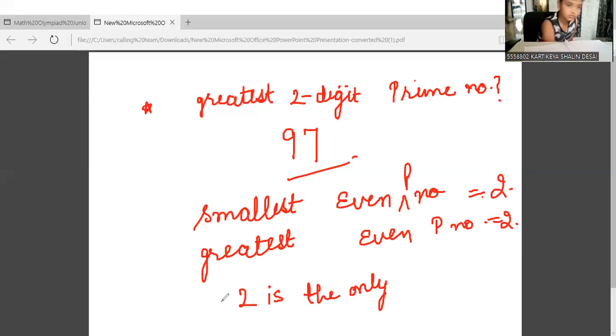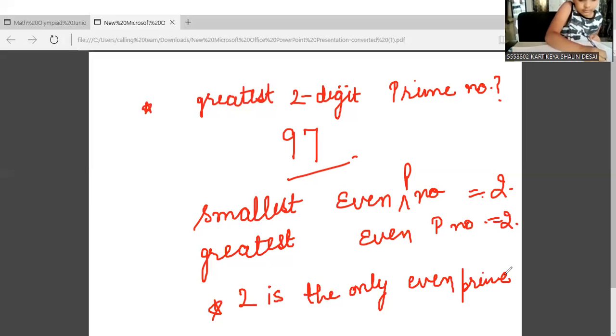Write it with me. 2 is the only even prime. Correct, Kartik? Yes.